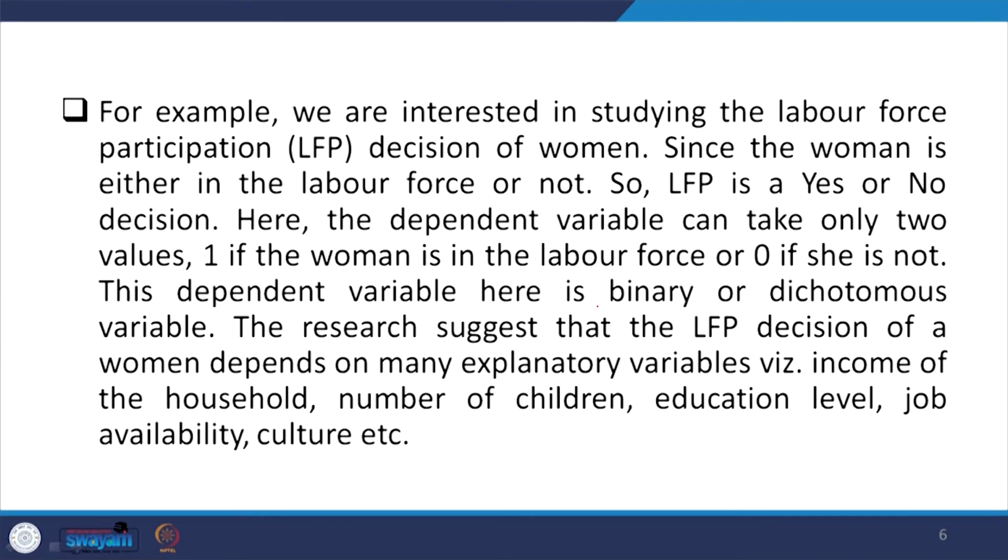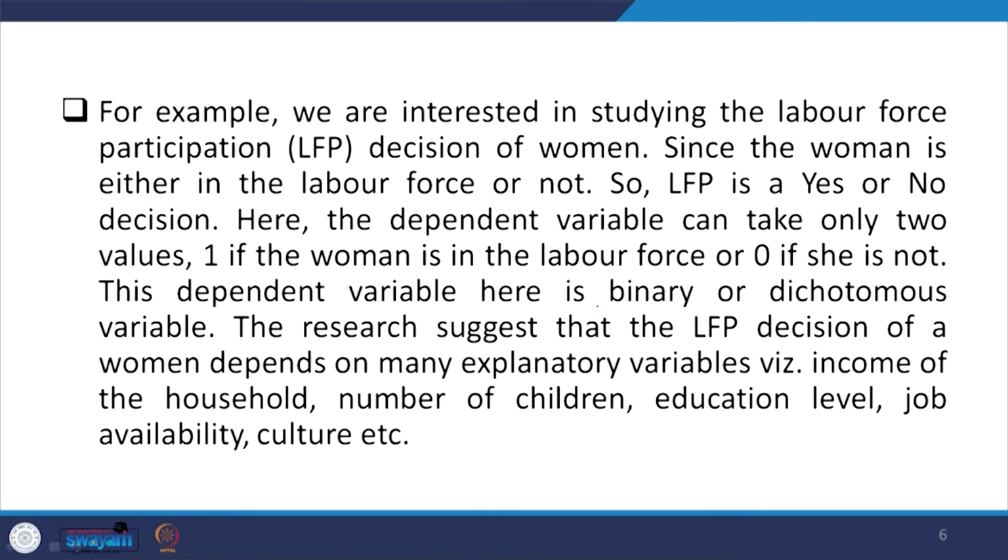Now, one example let me cite for understanding is the labor force participation decision of women. Since a woman is either in the labor force or not, labor force participation is a yes or no decision. Here the dependent variable can take only 2 values, 1 and 0: 1 stands for yes, in the labor force, or 0 if she is not in the labor force.